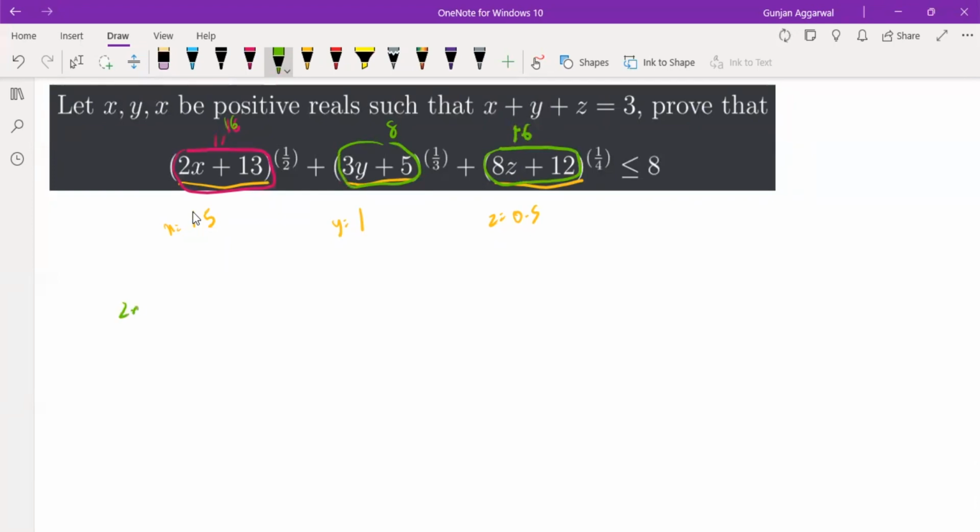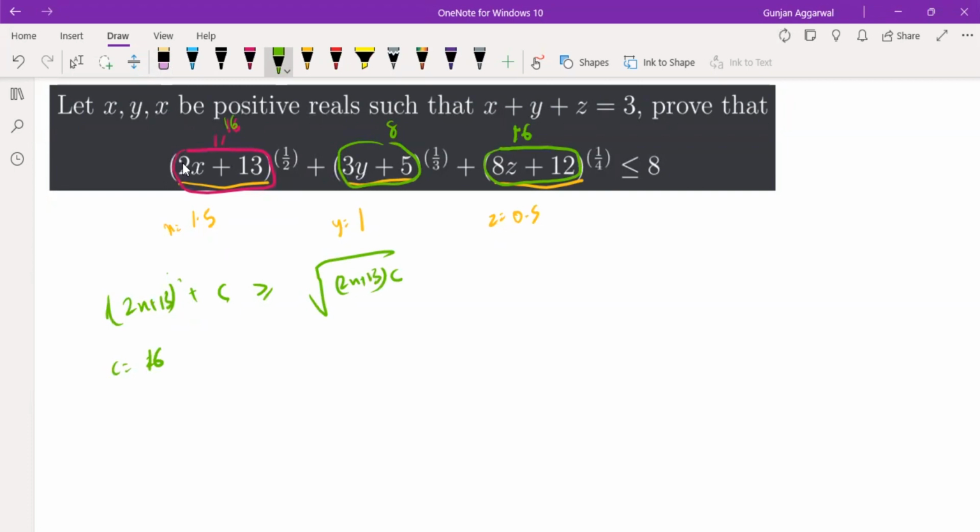16. Yeah. So simple stuff, you would like to have something like 2x plus 13 plus... By the way, I'm not able to hear you clearly. So since the power is like half, you would like to have something like 2x plus 13 plus some constant greater than or equal to root of 2x plus 13 into c.